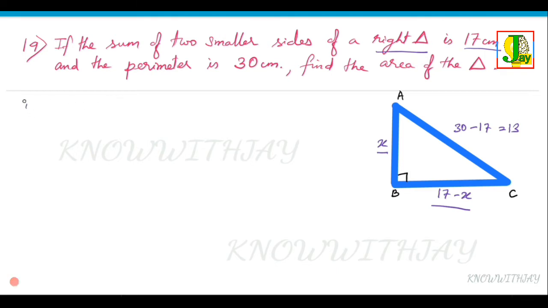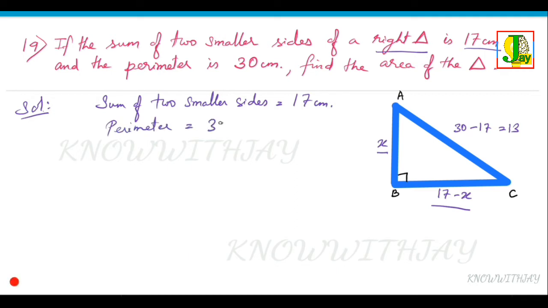So let us write the given parts first. Sum of two smaller sides equals 17 centimeter. Perimeter equals 30 centimeter.